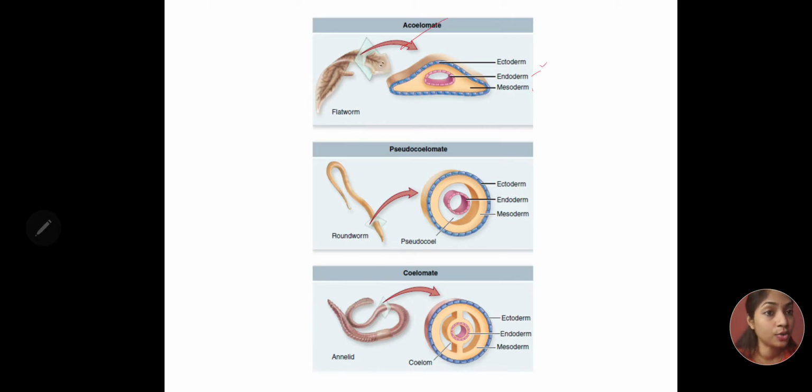Whereas in the case of roundworms, a coelom is present, but a false coelom. Therefore, it is an example of pseudocoelom. So roundworm is also an example of pseudocoelomate triploblastic condition. Whereas from phylum Annelida onwards, a true coelomic cavity can be seen. Therefore, it is an example of coelomate triploblastic condition.